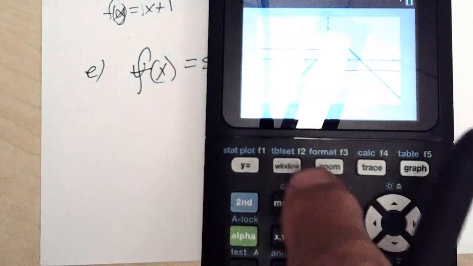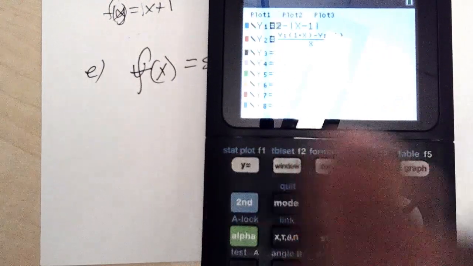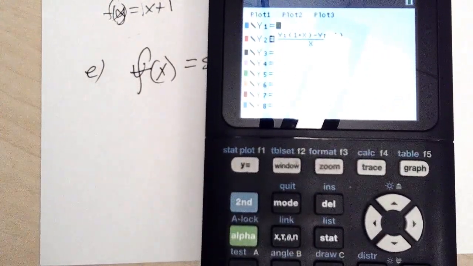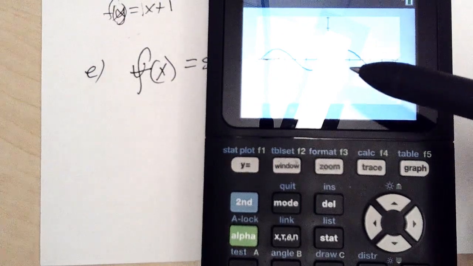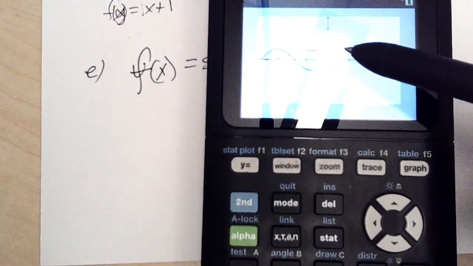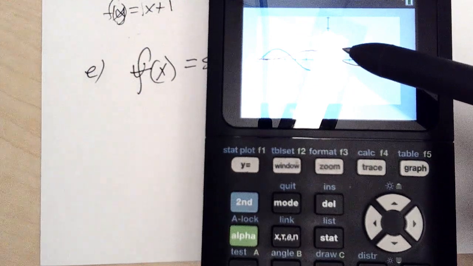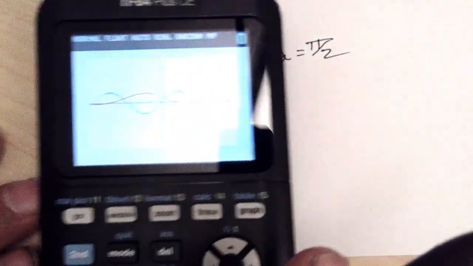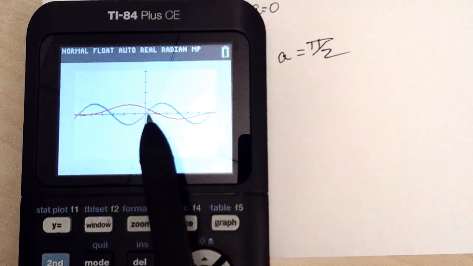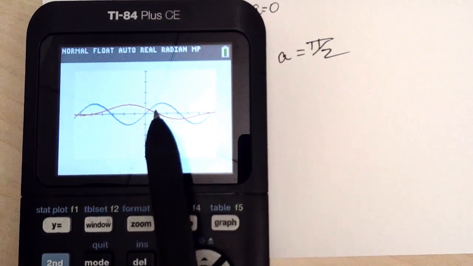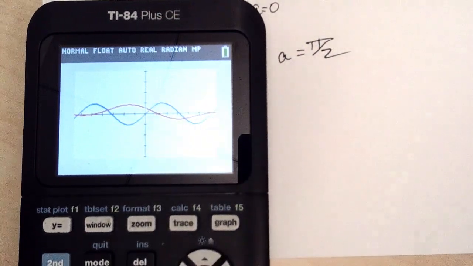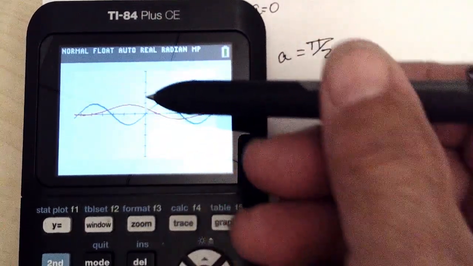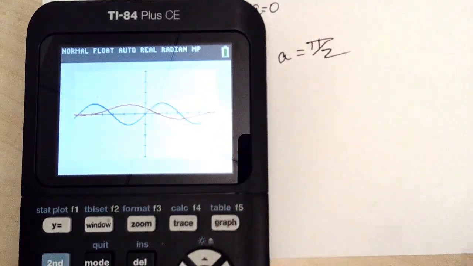Well, if I go to my calculator, go to y equals, and type in sine x and graph, at pi over 2, which is 1.57, it looks like the slope is 0. Remember, pi is 3.14, and here's half of pi over 2. Just looking at the graph, if I drew a tangent line, the slope of that tangent line is 0.